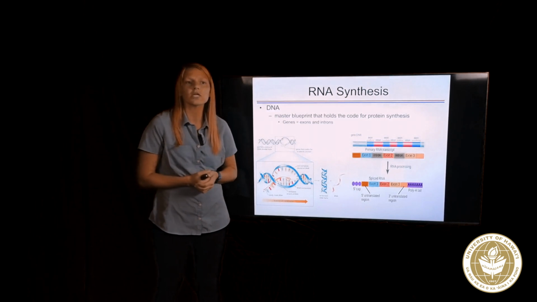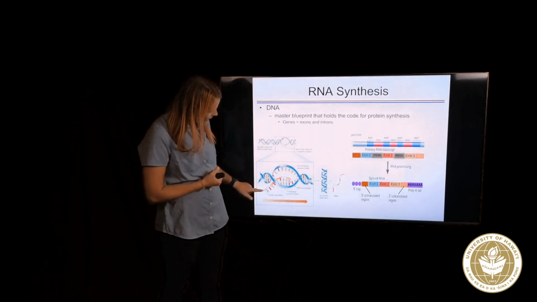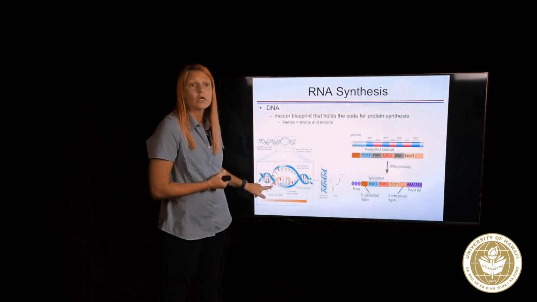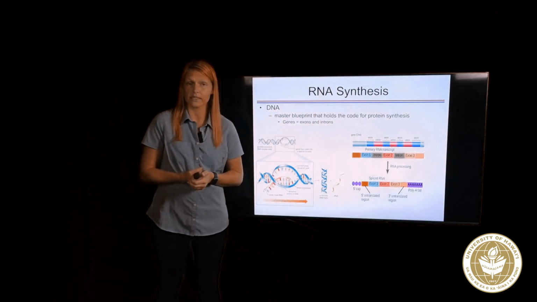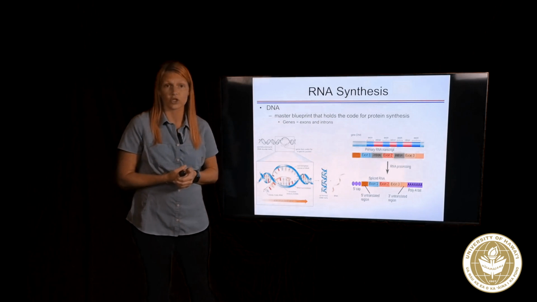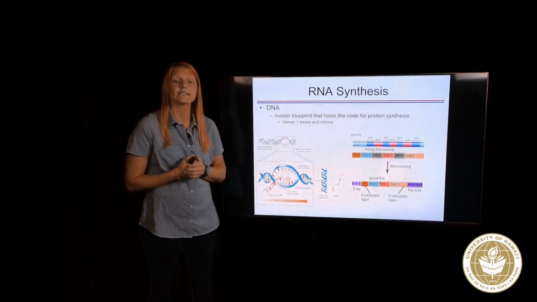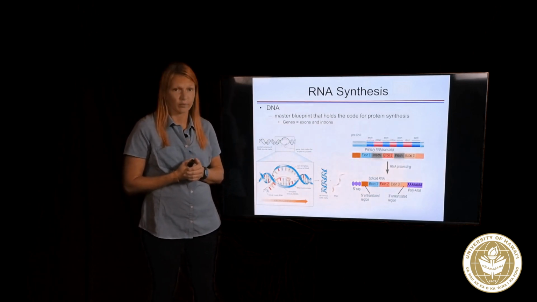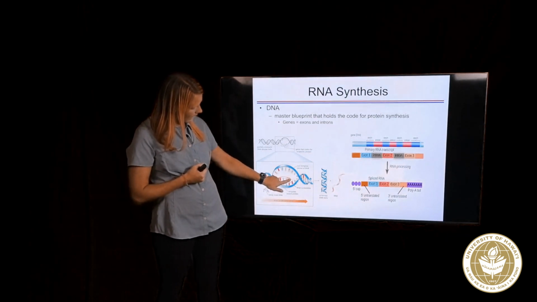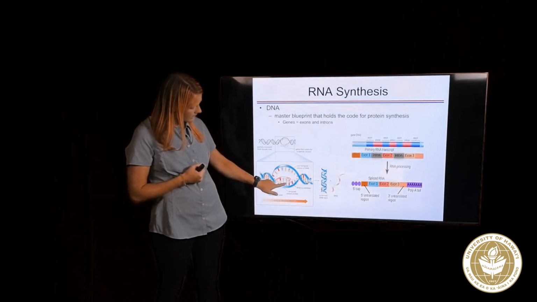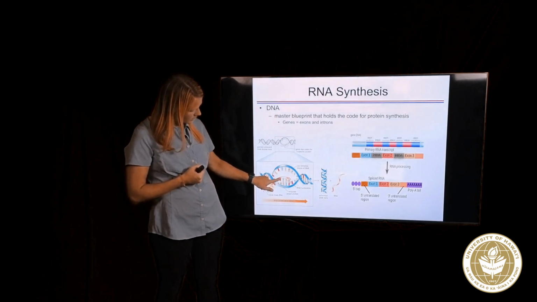So transcription forms an mRNA, which you see here in yellow, and that mRNA has a complementary sequence to the template DNA strand. And it has the exact same sequence as the informational strand. So if you look here, thymine pairs with adenine, guanine pairs with cytosine, cytosine pairs with guanine, adenine pairs with uracil.